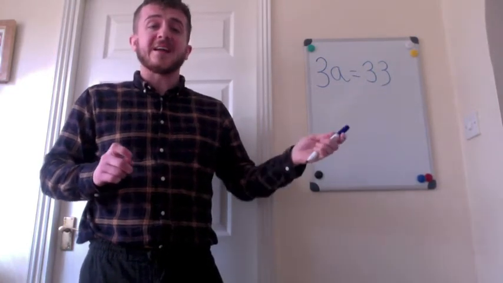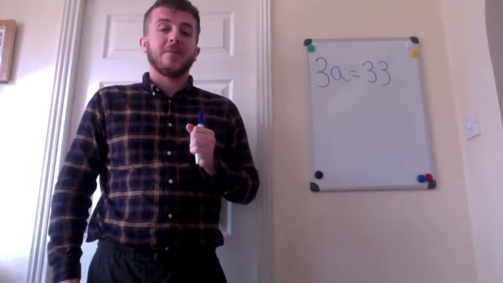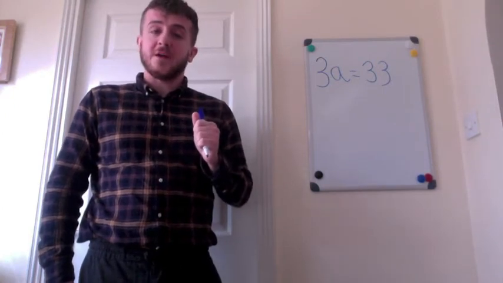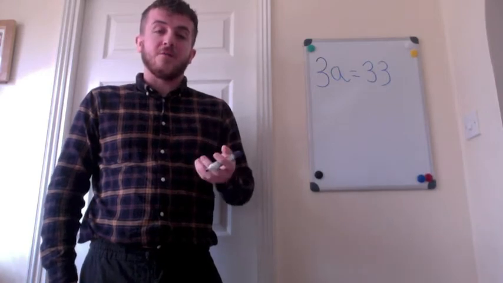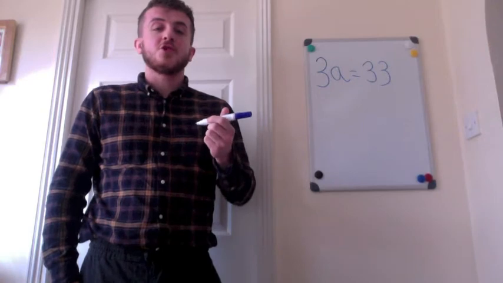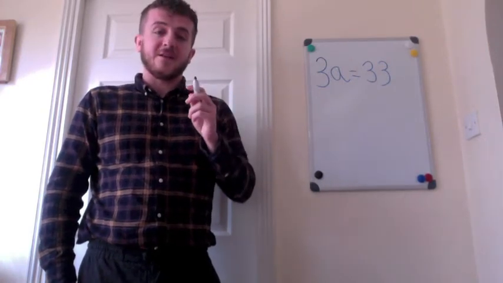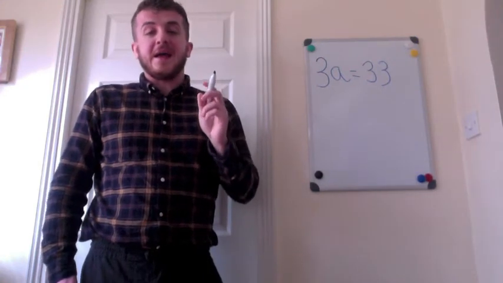Okay, so technically this is 3 times A equals 33. And as we were talking about previously, we need to do the inverse. So we know that the inverse of multiplication is division. So I need to take those two numbers, 33 and 3, and I need to divide them. And that will give me the answer for A.